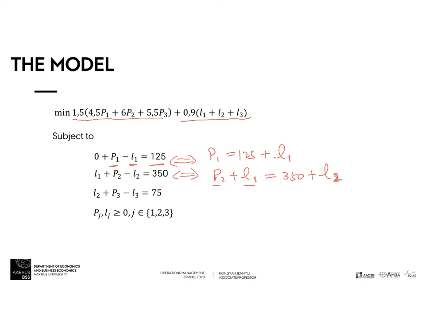This is similar: current period production plus the previous period inventory equals demand plus the end period inventories. So these are the typical production lot sizing model.